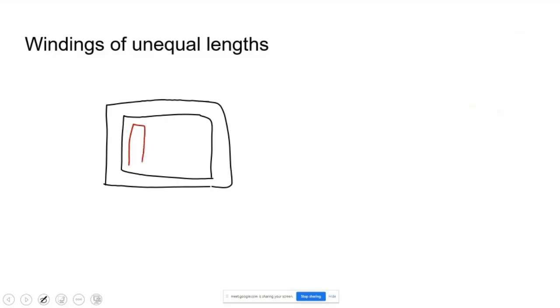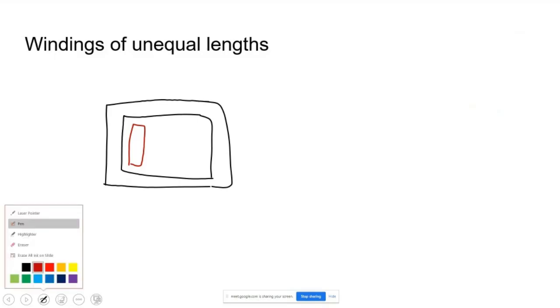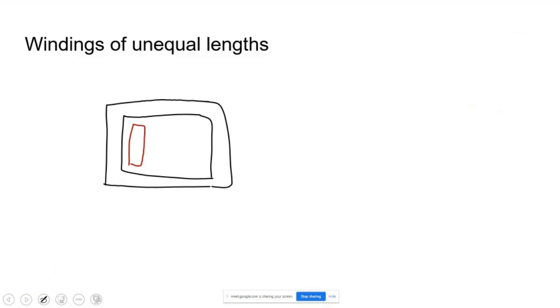This is the primary, and the secondary winding is in the middle but shorter than this. Like this. The secondary winding is shorter and in the middle.